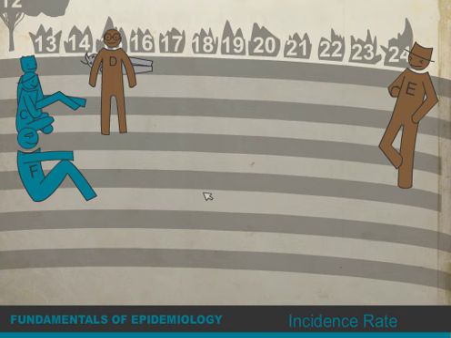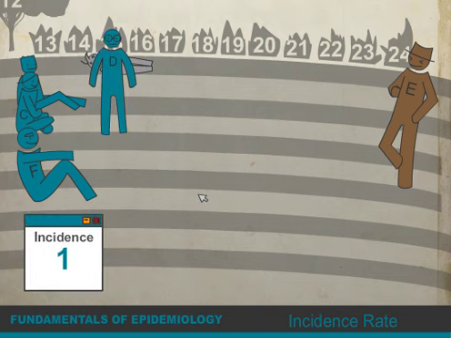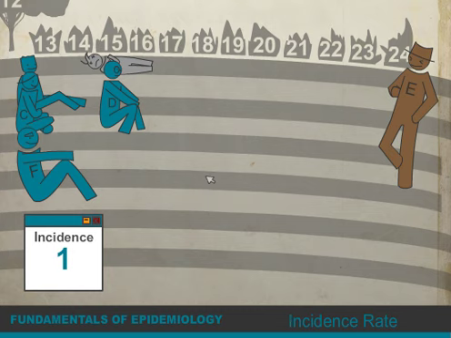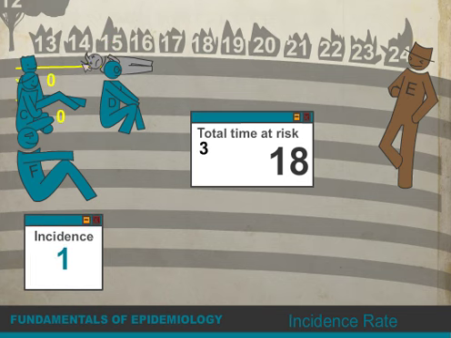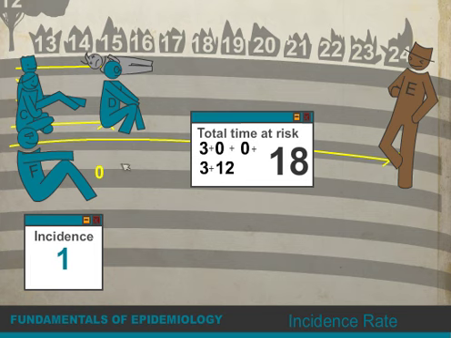Now let's look at year 2 of the same study. The incidence count in year 2 is 1 because Deb has newly acquired diabetes, but no one else newly acquired it in year 2. The total time that people were at risk was 18 months, made up of 3 months for Andrew before he died, 0 months each for Bob and Cathy because they both already had diabetes, so couldn't be at risk of newly acquiring it, 3 months for Deb until she acquired the disease, 12 months for Erin, who has remained healthy throughout the whole study, and 0 months for Frank.